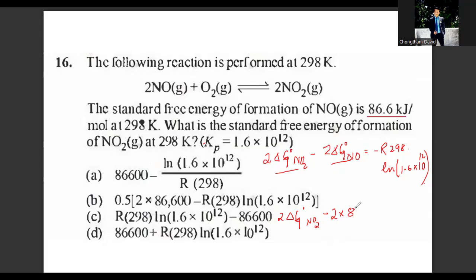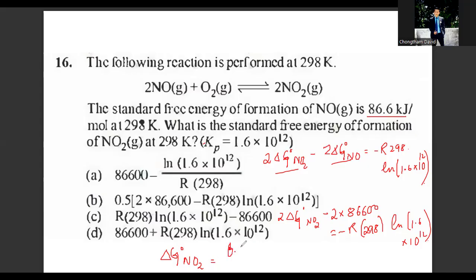So simply convert into joule, it would give 86,600, equal to minus R times room temperature times ln of 1.6 into 10 to the power 12. Right. So from this, you can easily get the value of delta G naught for nitrogen dioxide.